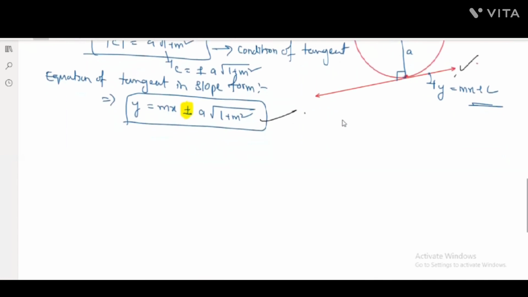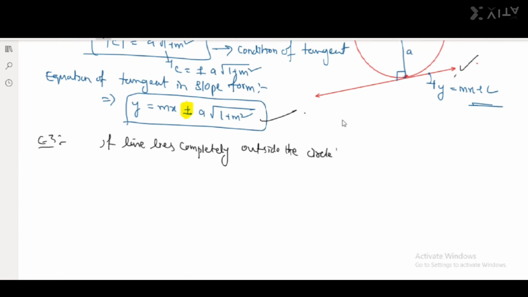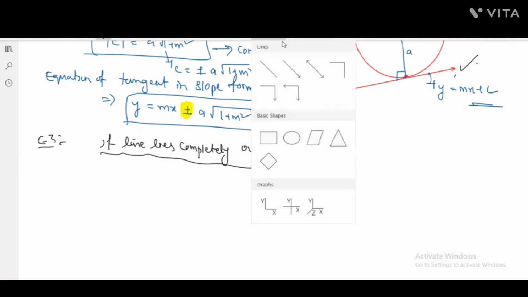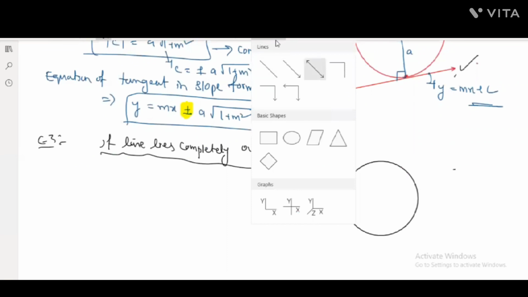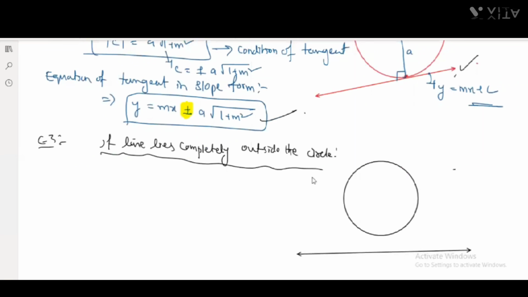Next, case 3. What is case 3? If the line lies completely outside the circle, diagrammatically, see here, this is a circle and the line is completely outside the circle.